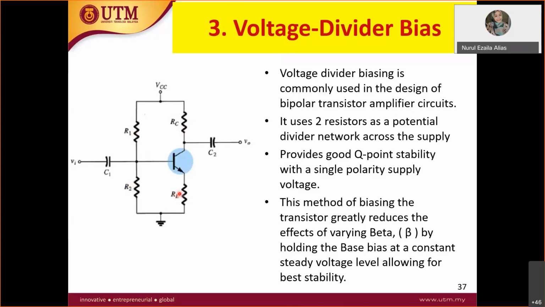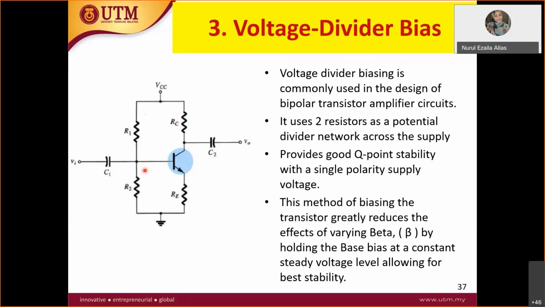This voltage divider biasing is a very common design in amplifier circuits. It uses 2 resistors, R1 and R2, as a potential divider. As you can see, you can actually do the voltage divider here, which I'll show you in an easier way.